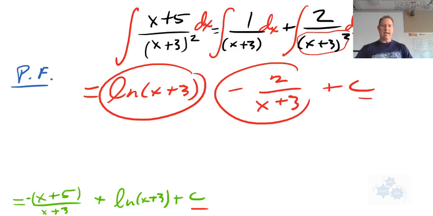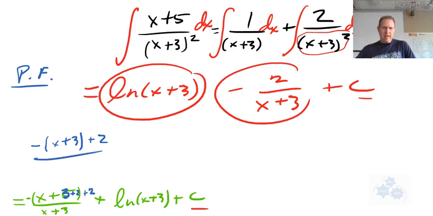So look at what happens here. This negative x + 5, we could say this is x + 3, and then plus 2 in here, or minus 2 out here. So that's actually plus 2. So what this ends up to be is negative, x + 3 and then plus 2.